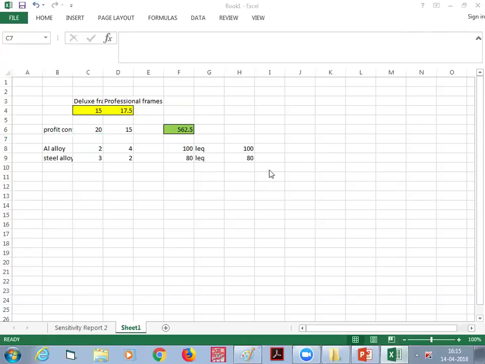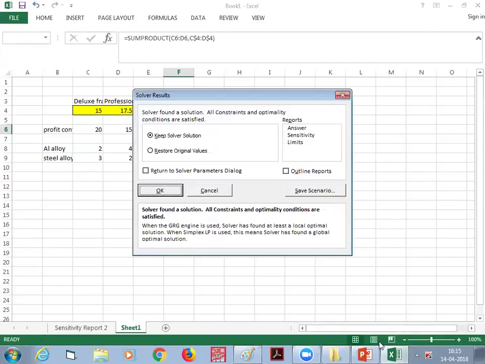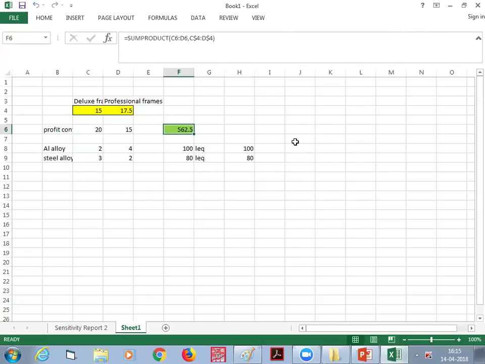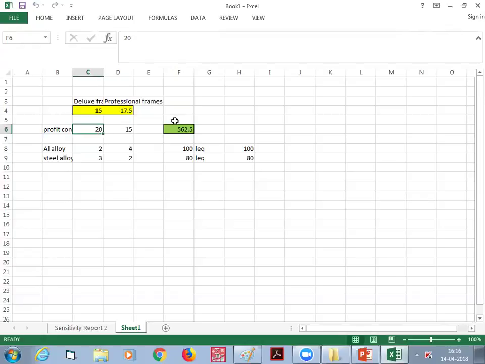Okay. All right. So now to see whether the optimal solution changes or not, let's solve this again. Has the solution changed? No. Okay. Now let me also just quickly show you. So I've changed this now to 20. What will happen? Oh, I see.